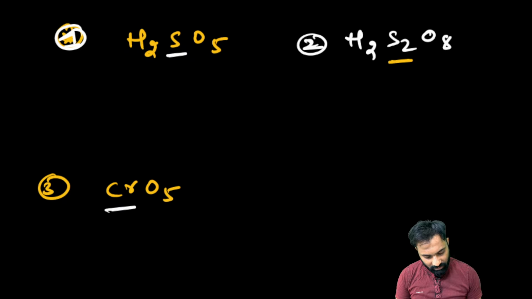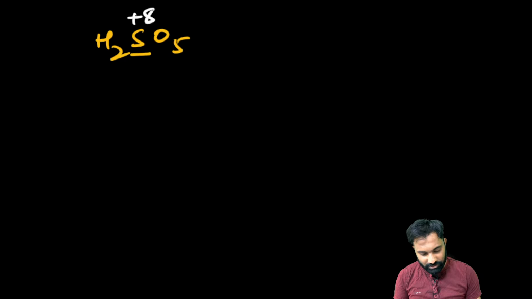You are saying the oxidation number of H2SO5 is plus 8. But my dear friends, whatever answers you are saying, those are wrong. Now listen.